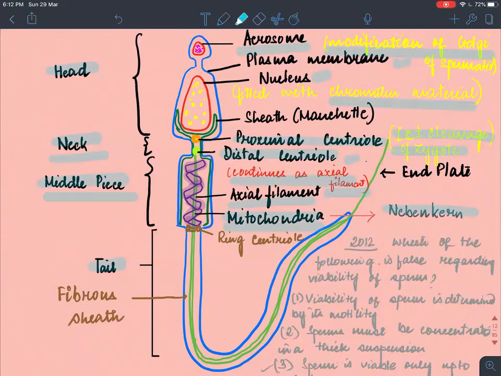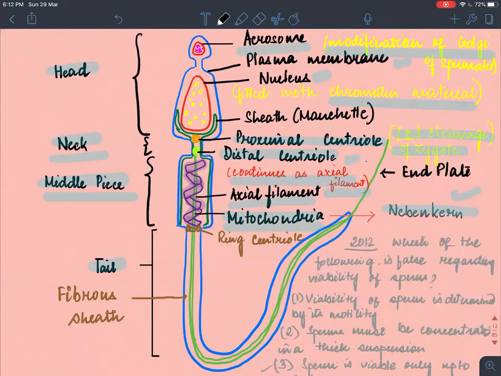So the mitochondria here in the middle piece form a helix-like structure, and that mitochondrial helix-like structure is also referred to as Nebenkern, also found in certain insects, for example Drosophila.